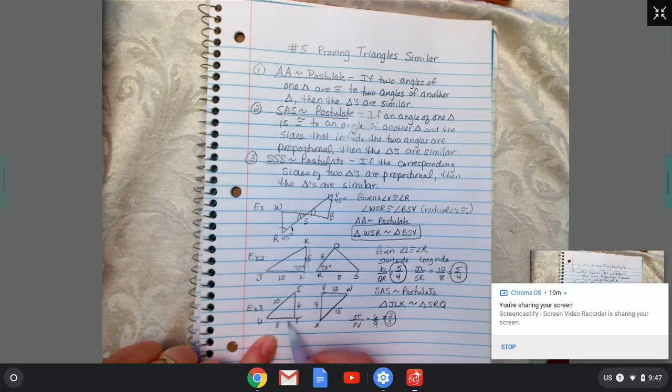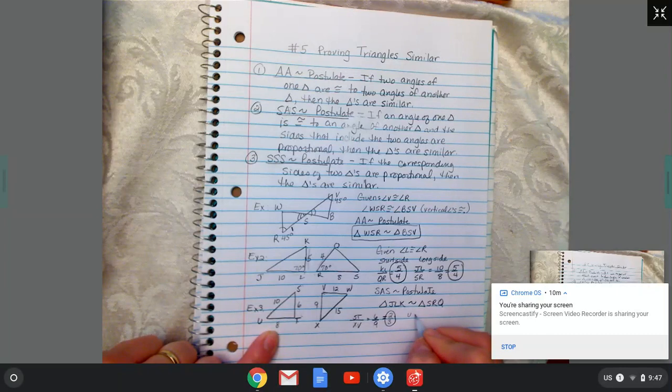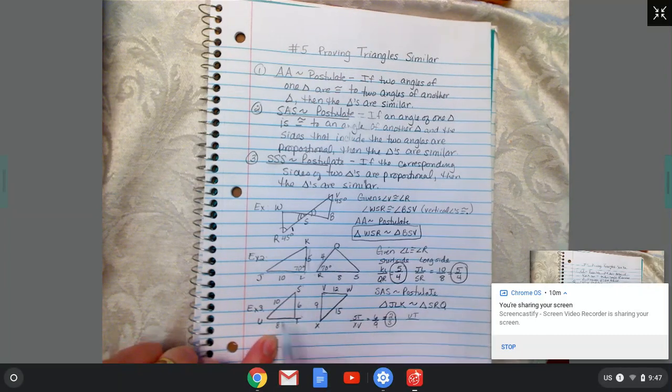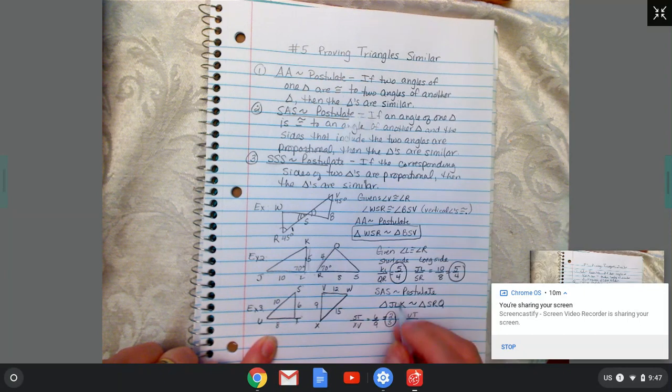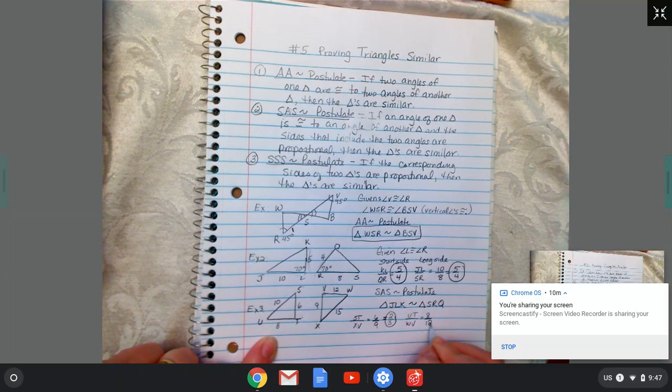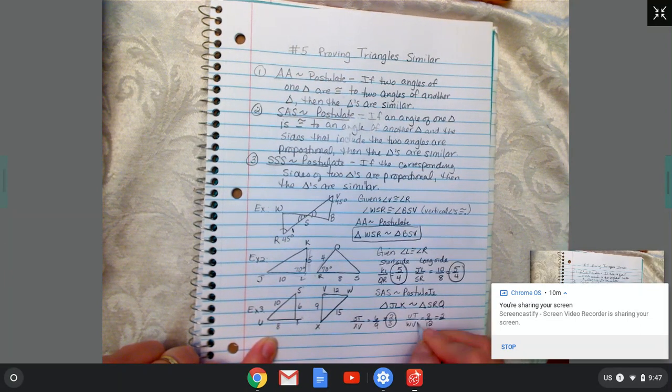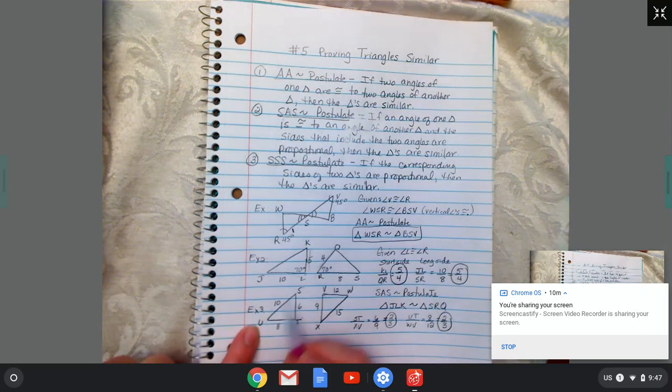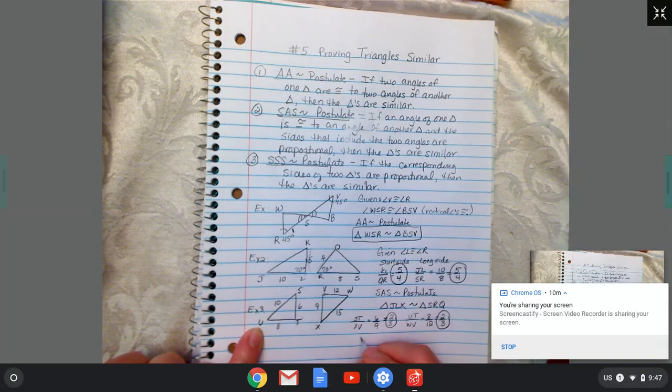The middle number over here is 8, so I might do UT, and up here I might do WV. So 8/12. 4 goes into 8, 4 goes into 12. And then the long side, the biggest number, is 10.